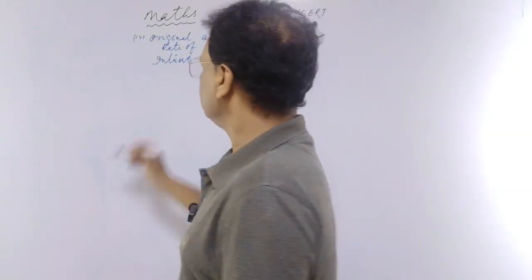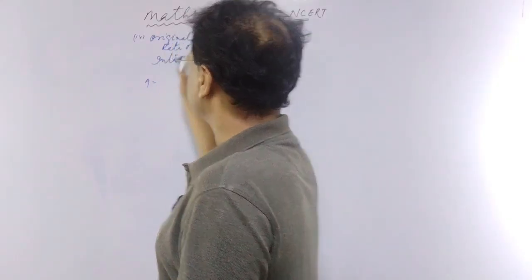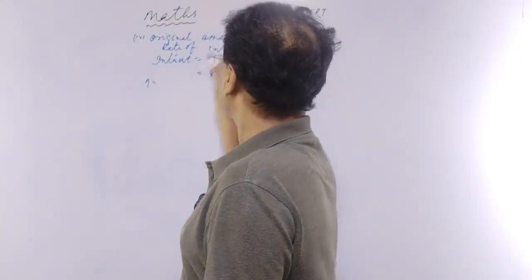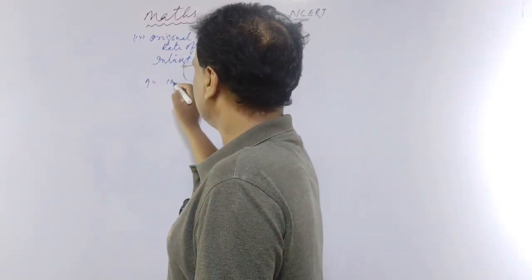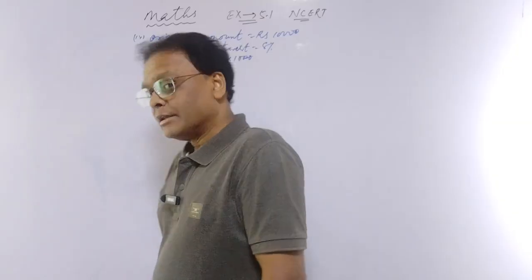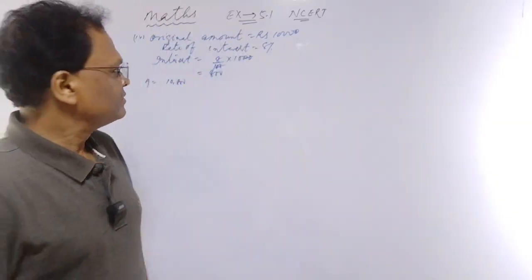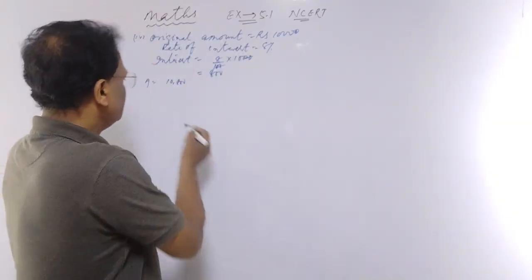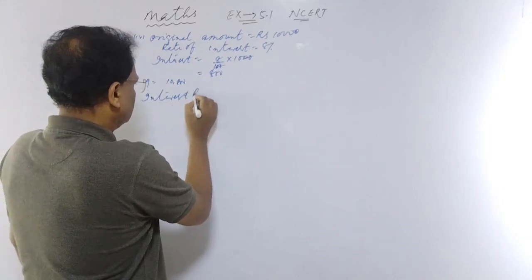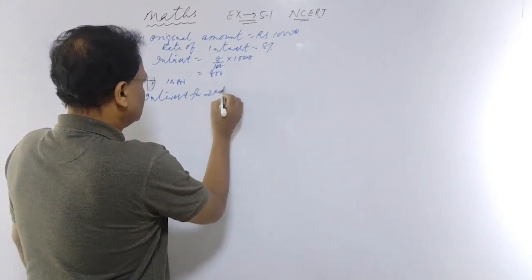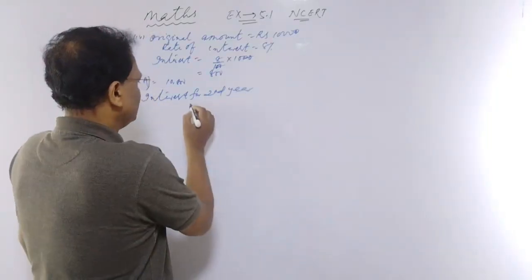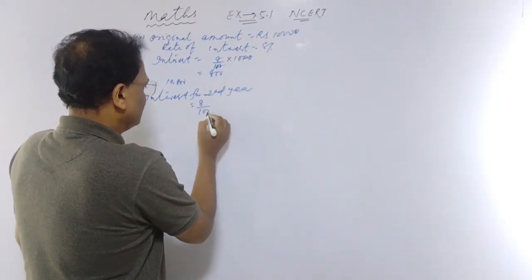So what will be my amount? My amount is equal to this original amount, which is called the principal, plus the interest, that means 10,000 plus 800, 10,800. This is the amount of the first year. Now, let me find the interest for the second year. Again 8%, so 8% means 8 by 100.